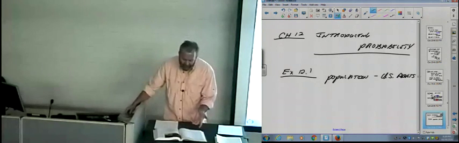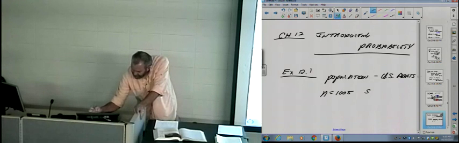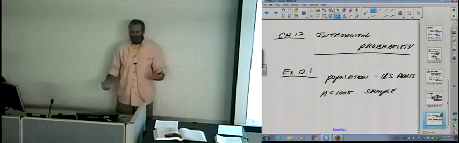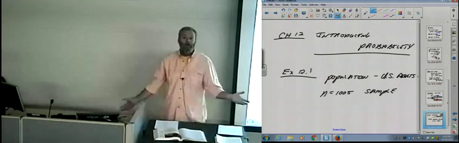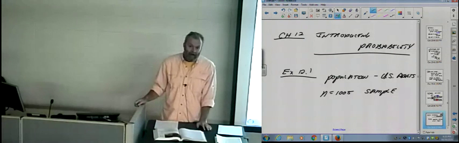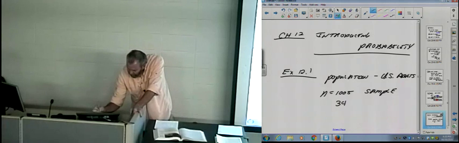Gallup took a random sample of 1,005 adults. You see that? That's your n, 1,005. That is your sample. Notice it doesn't say simple random sample or stratified, but it says random, which is our magic word here, right? So we've got 1,005 adults. They actually asked that question to those 1,005, and it turns out 342 own a gun.